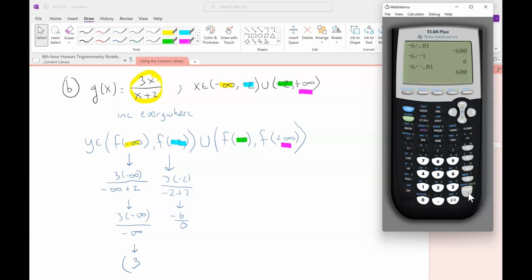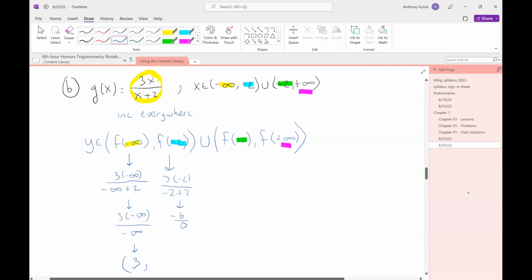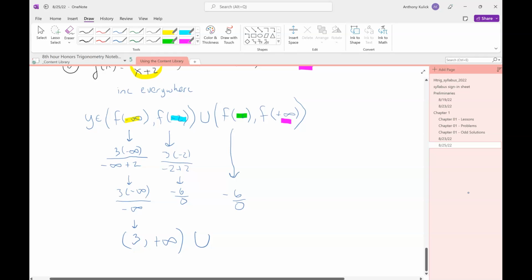So since it could be either answer, which answer do I want if this is the upper bound of my interval? The positive infinity. Okay, so if I have something divided by 0, I'm going to have either a positive or negative infinity, just whatever fits in the part of my interval. So this, I know, is negative 6 divided by 0. We just did that already.